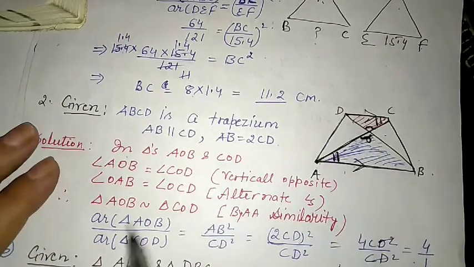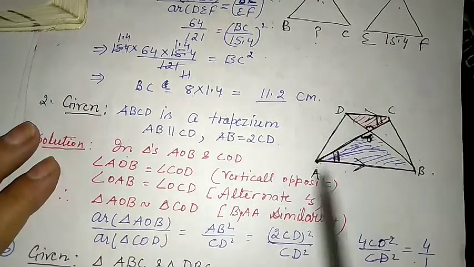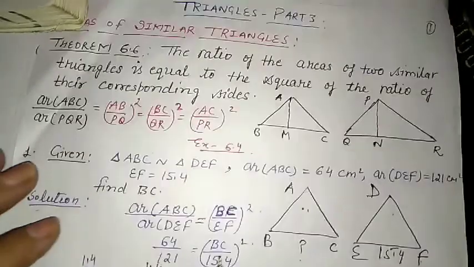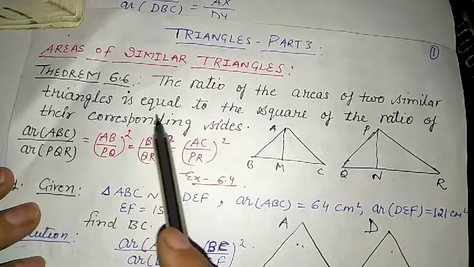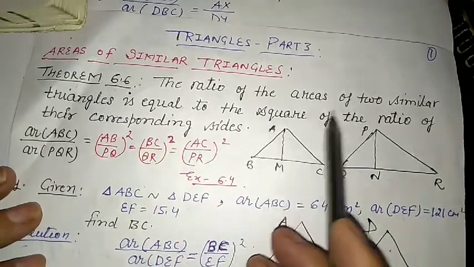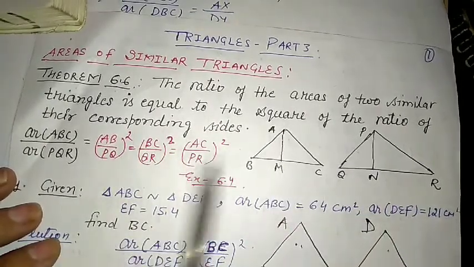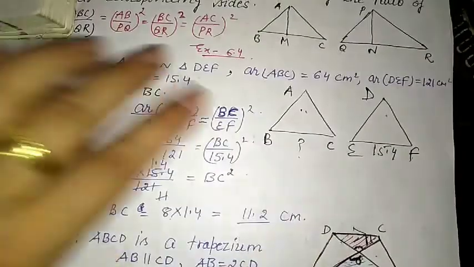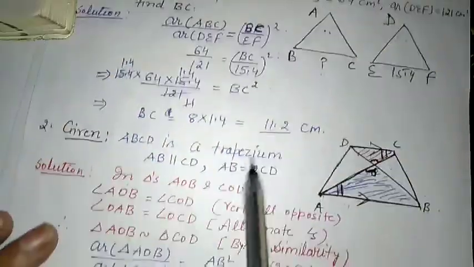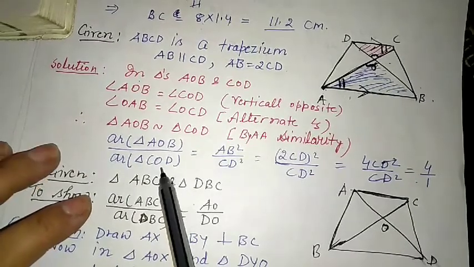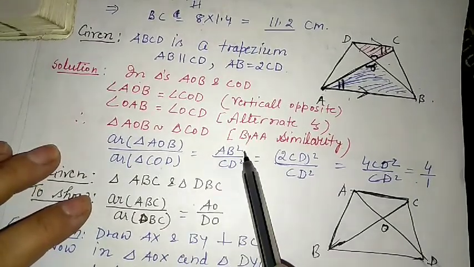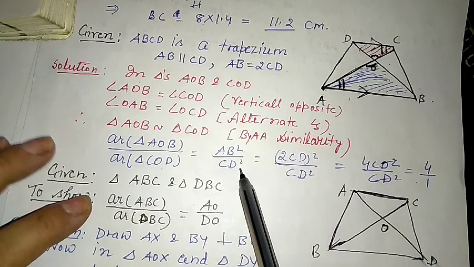by AA similarity. If the two triangles are similar, in the area theorem again we have that the ratio of their areas is equal to the square of the ratio of their corresponding sides. So we can write area of AOB upon area of COD is equal to AB square upon CD square.